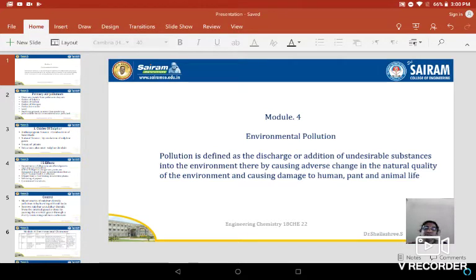What is pollution? How is it caused in the environment? For mastering and conquering nature, man has not only introduced several new substances into the environment but also has caused an enormous increase in the concentration of substances already present in the environment.